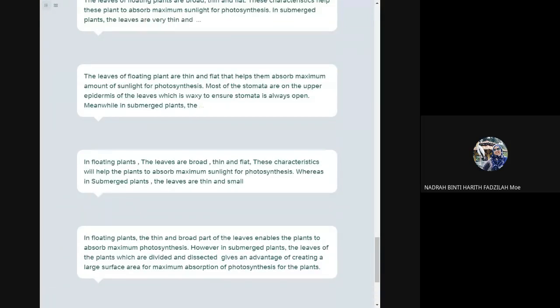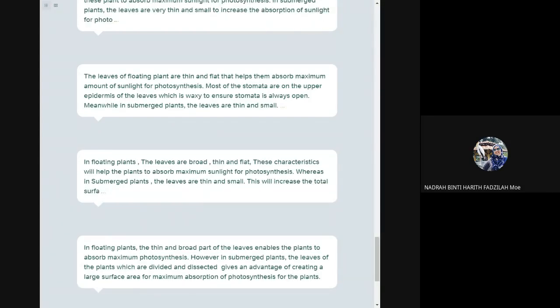Tadi kamu ada cerita pasal untuk support stem small and hollow to help plants to float upright kan? So, help plants to float upright tu juga adalah to increase absorption of sunlight. Kalau hydrilla kita bawa keluar daripada air, dia akan limp dan dia akan terbaring atas surface sebab dia tak boleh tegak. Pokok bila dia tegak baru dia boleh increase absorption of sunlight.